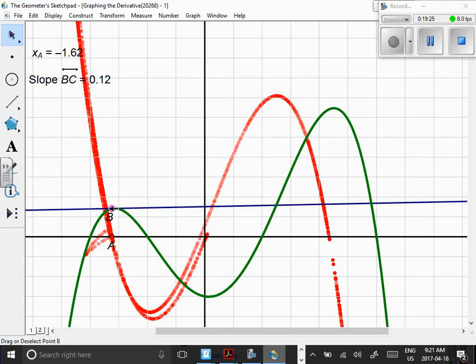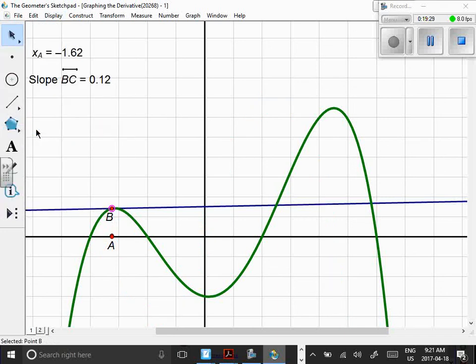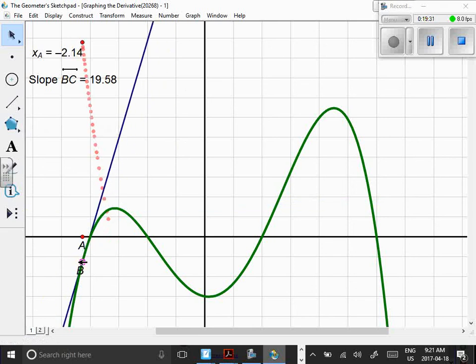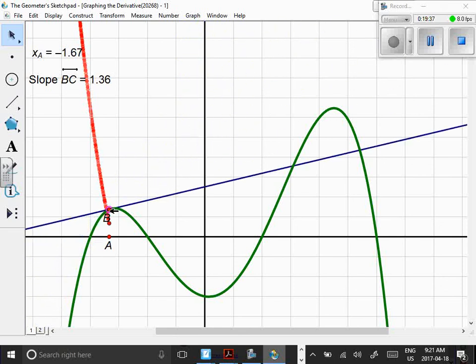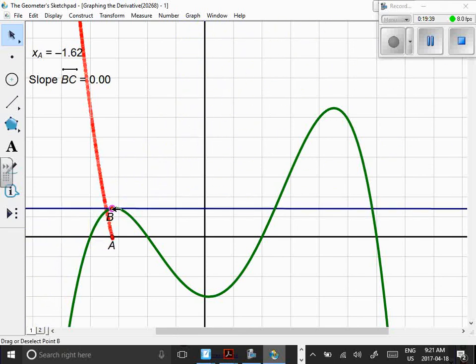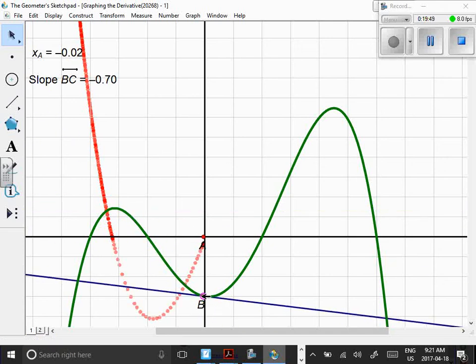I'm just going to go back here and erase traces, and then we can do this again. So, in here, the slope of the tangent is positive, but it's getting smaller and smaller and smaller, and it finally hits 0. Oh, right on. Perfect. The slope of the tangent is 0, the derivative is 0. And from here to here, the slope of the tangent is negative.